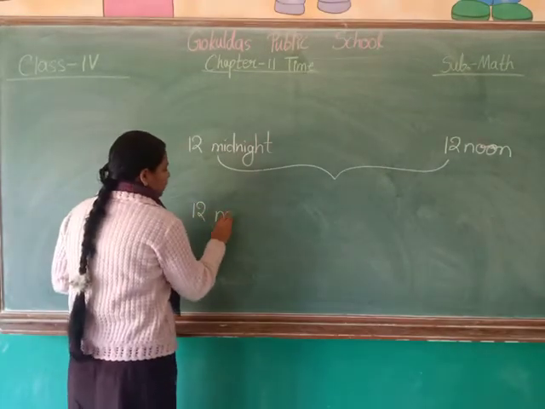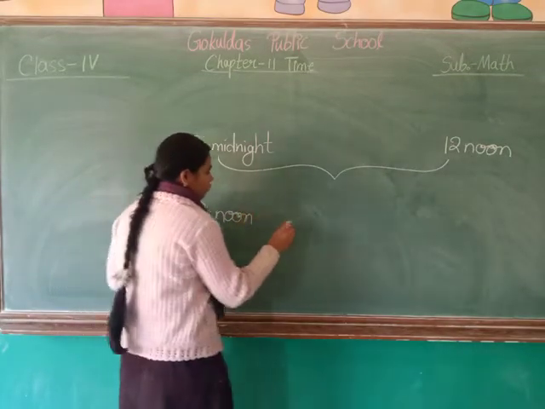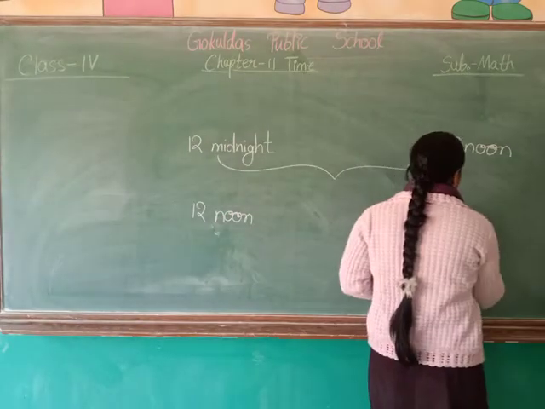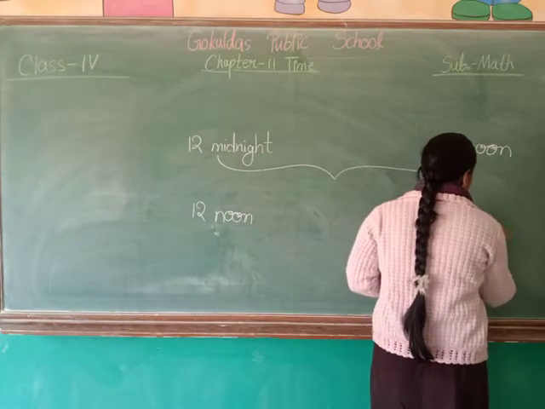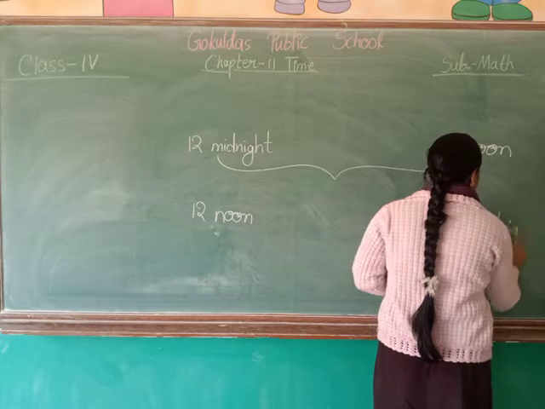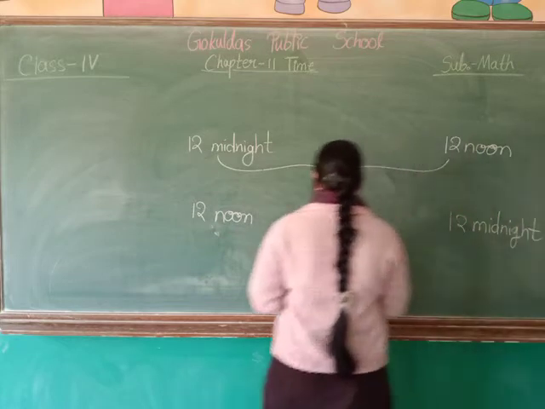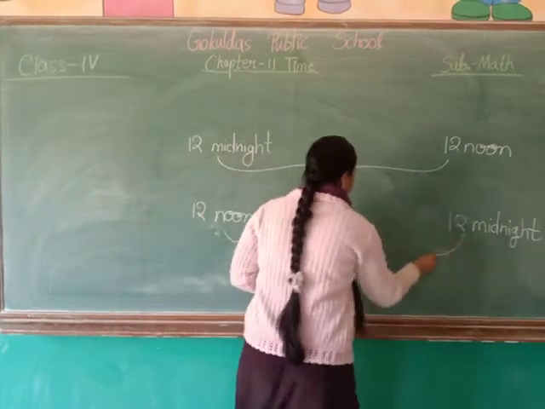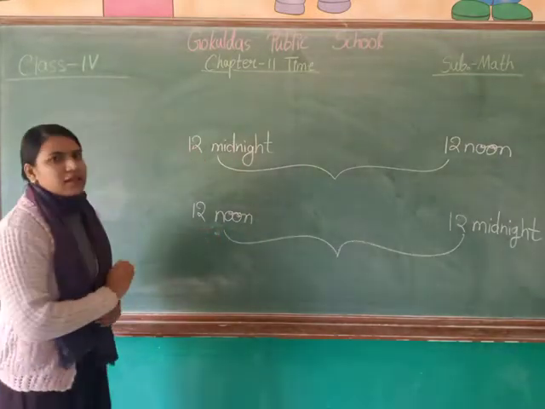So the second time zone is 12 noon to 12 midnight. Right? You know all these things already.